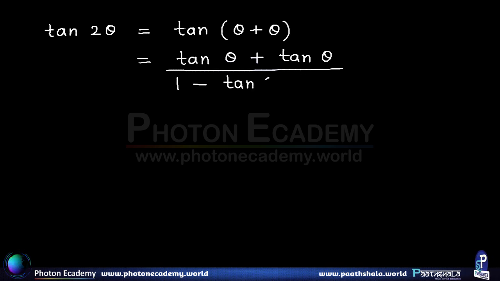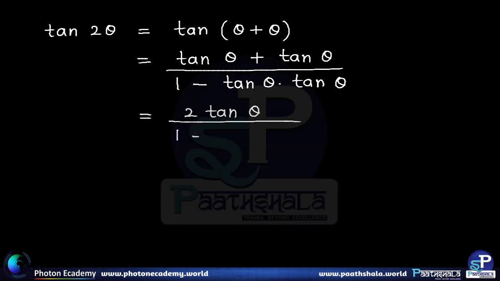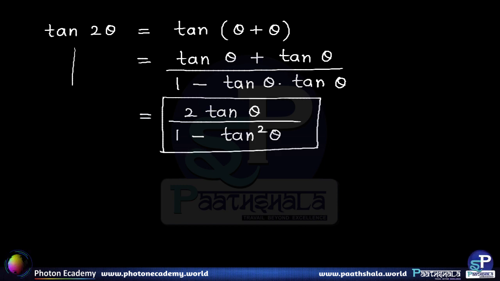So here it is tan theta into tan theta, because once again both a and b are same as theta. So that ultimately gives us 2 tan theta upon 1 minus tan square theta. So this is the formula for tan of 2 theta.